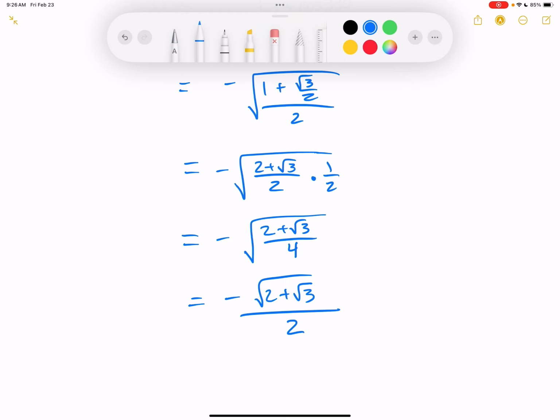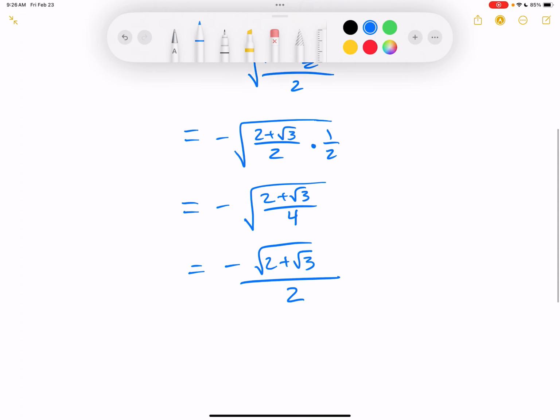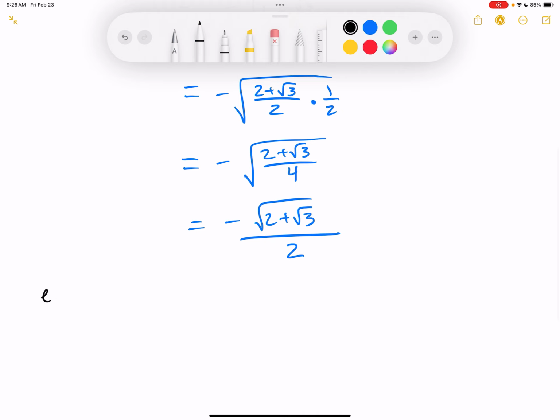If they give you an angle in radians, I would suggest you convert it to degrees to deal with it, just to make it easier. So something like the tangent of pi over 12. How would I convert pi over 12 to degrees?